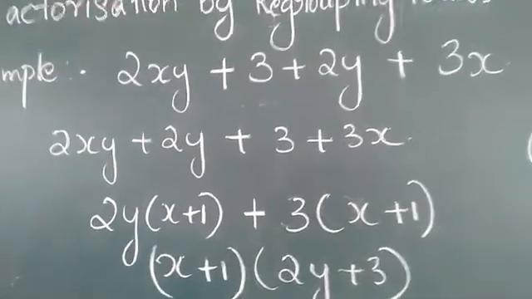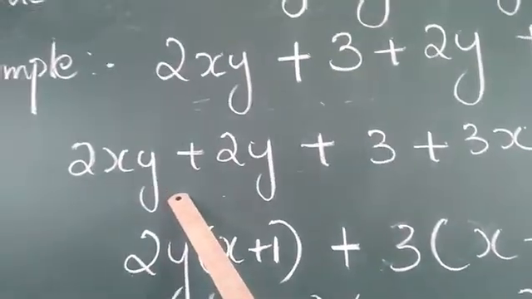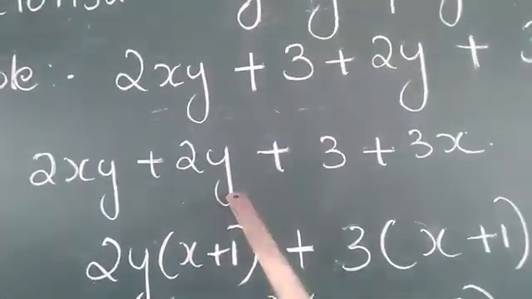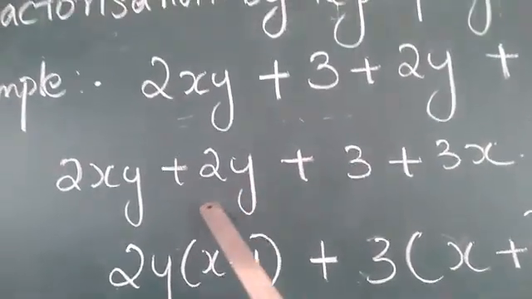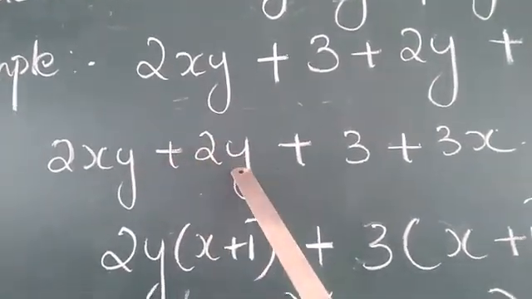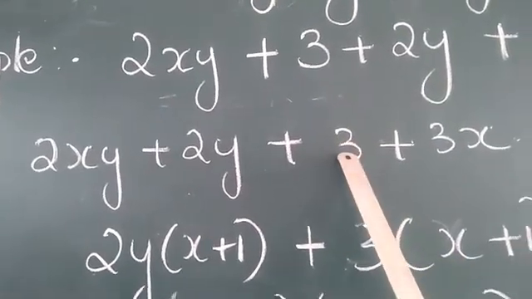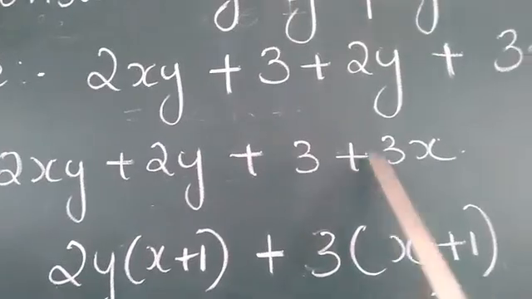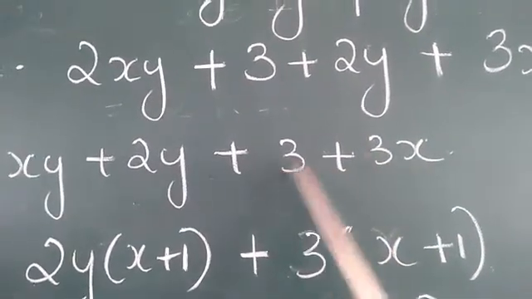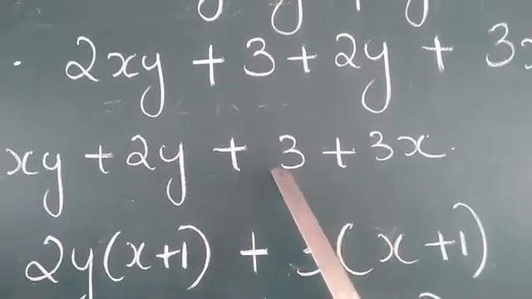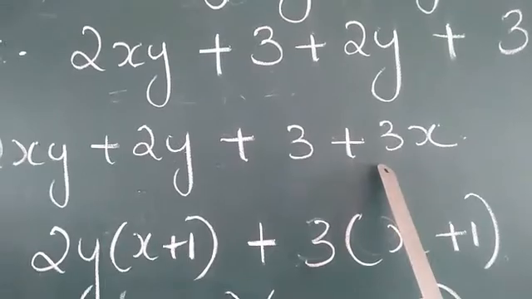So we can rearrange like this: 2xy plus 2y. This 2y we can write together with this 2xy. Then the second term, plus 3, we can regroup with the last term because there is a common factor 3. Understood the method?